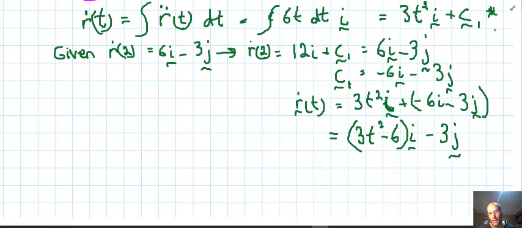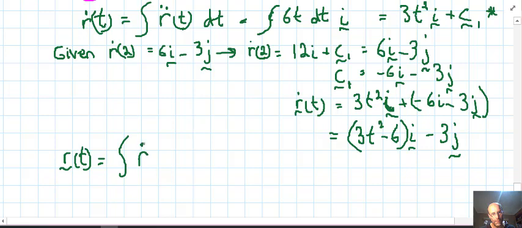And we get 3t squared take 6i minus 3j. So we're, well, more than halfway there. We've found the first of two things, and it'll go a little bit quicker now. So, a little bit, not hugely. I'm just being optimistic. So, finding the integral of the velocity in order to get the displacement vector.